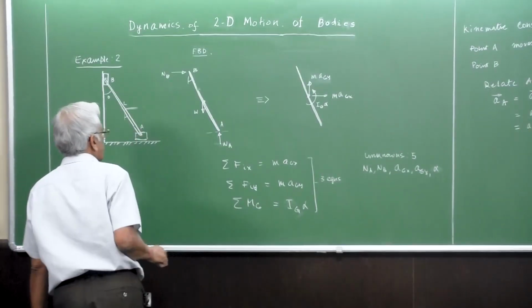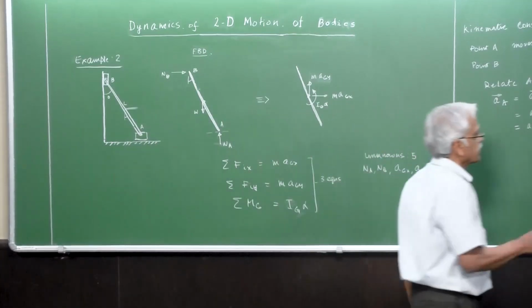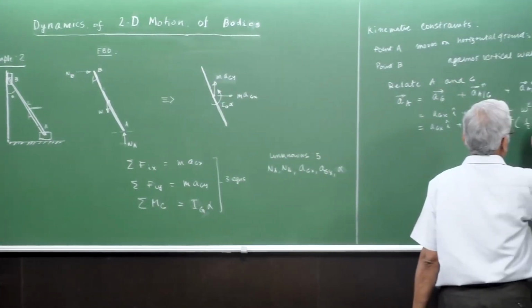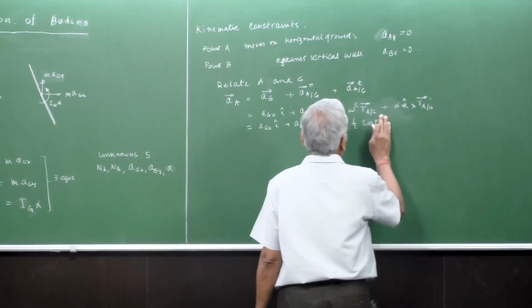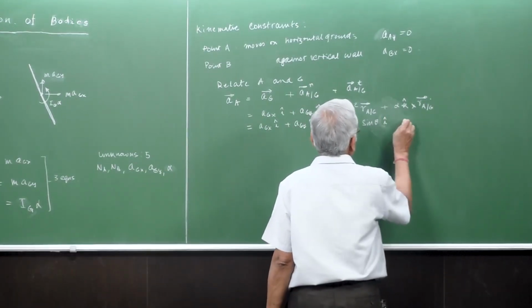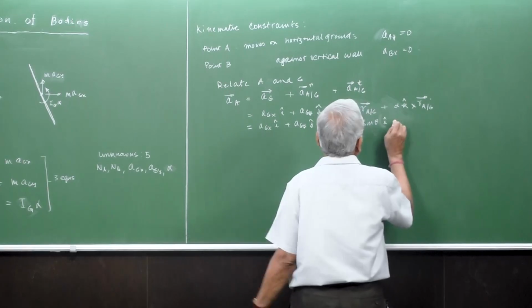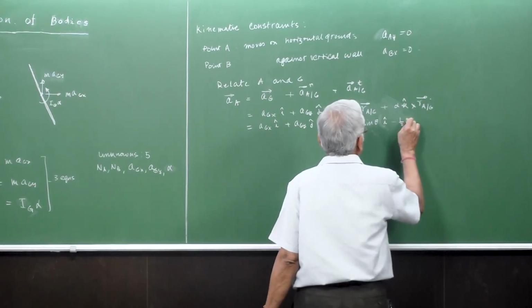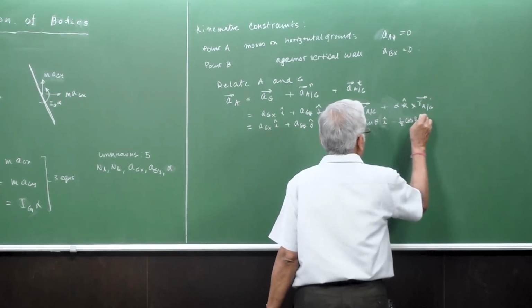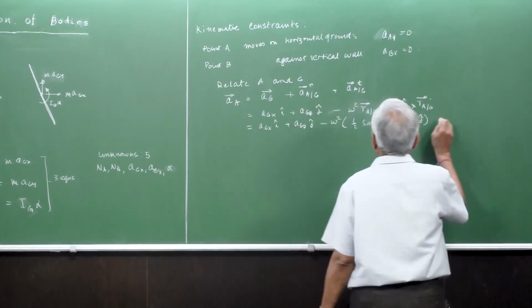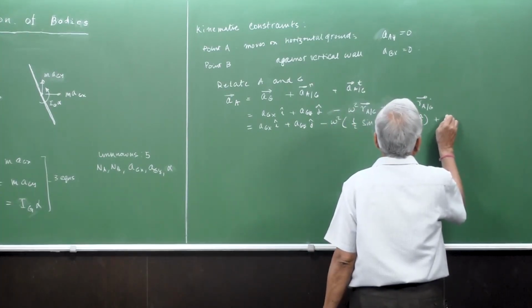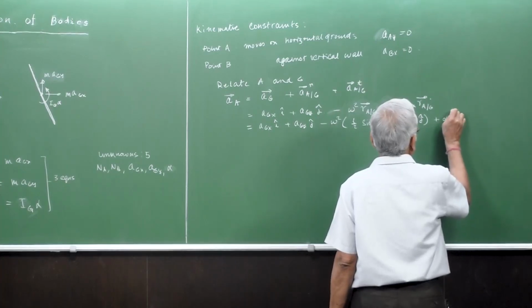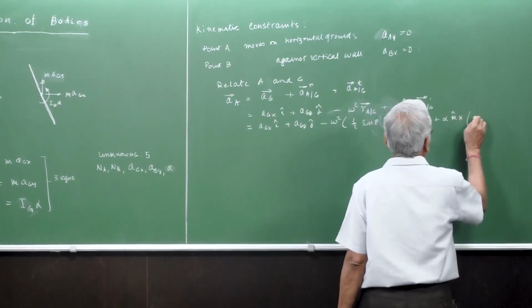So x component is L by 2 sine theta, right? I, and minus L by 2 cos theta J. So this is as far as this is concerned, plus alpha K cross, same thing.